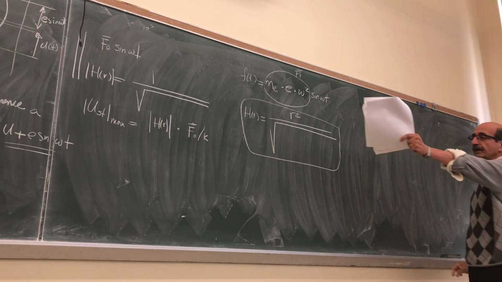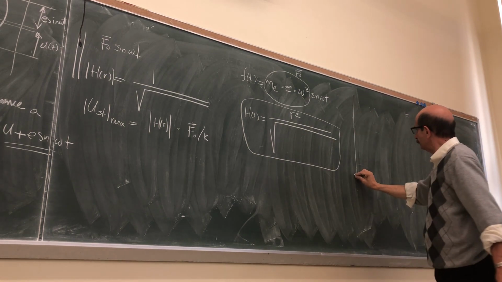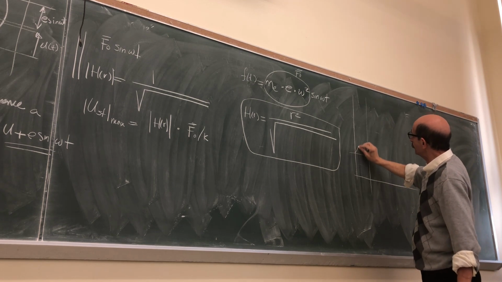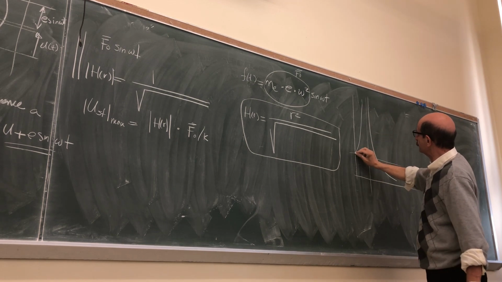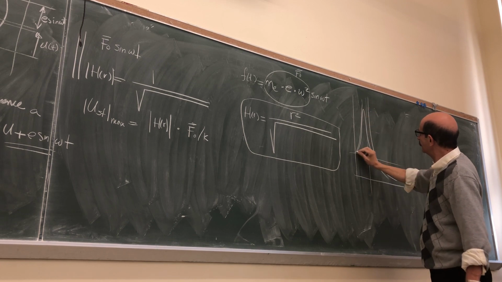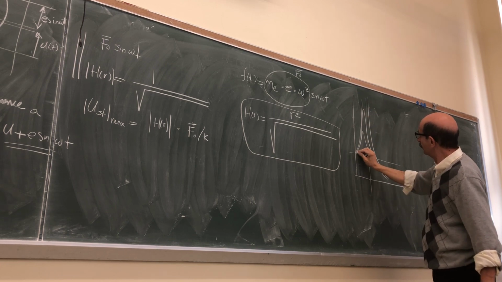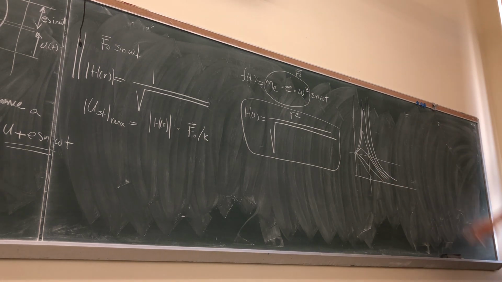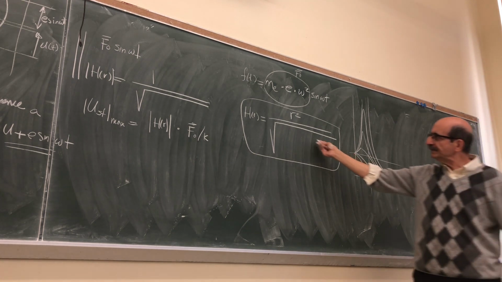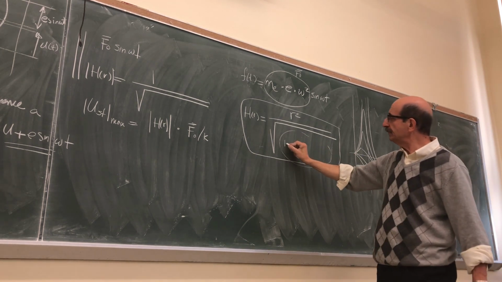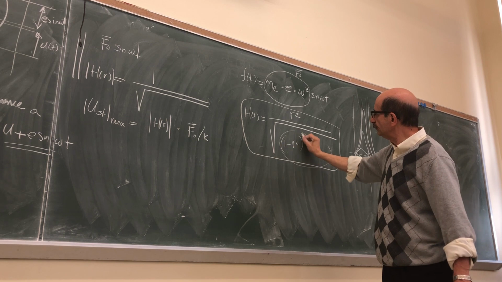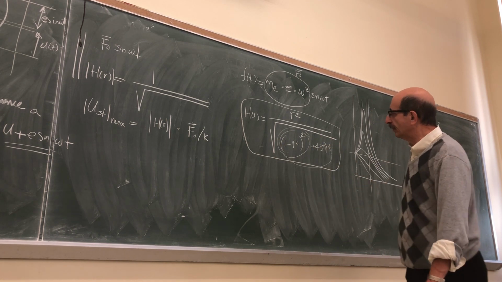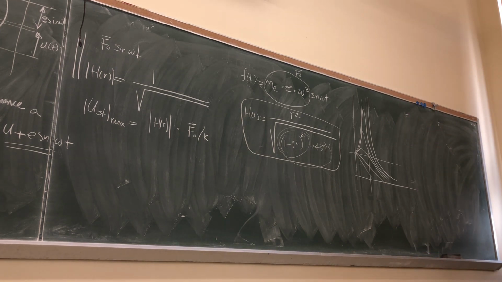Now, this function, okay, let's now plot that. For the first case, this is what we know, this is what we have, right? Because we want to compare these two. So this is what you had for the first case. But let's quickly look at this. Under this radical, you have 1 minus r squared, squared, plus 2 zeta r, squared.